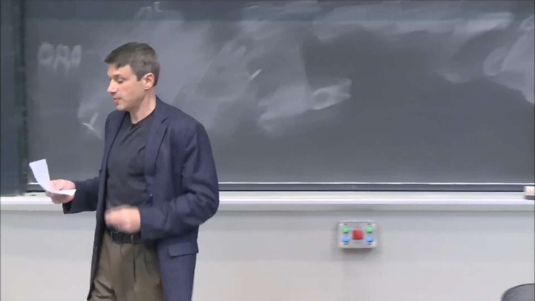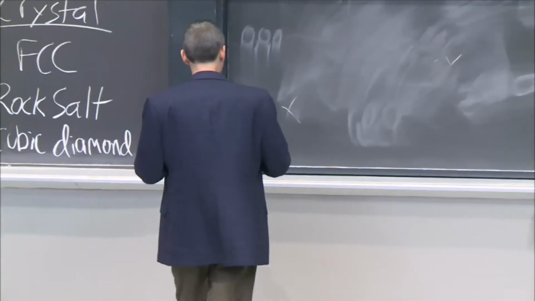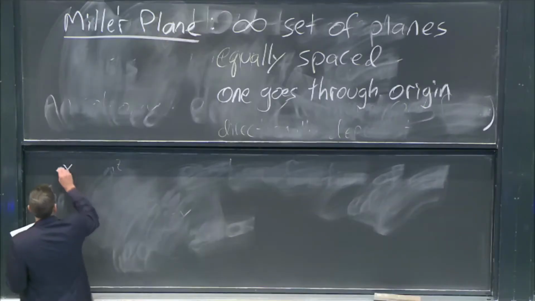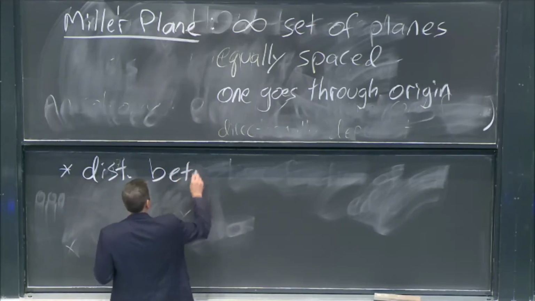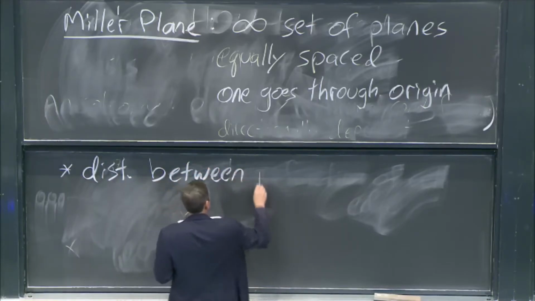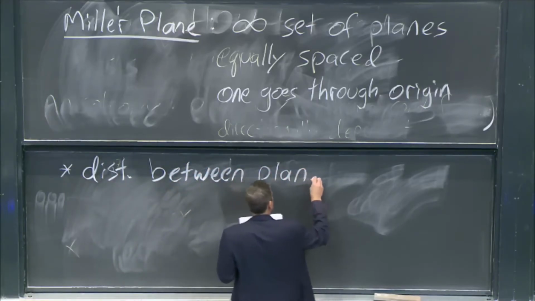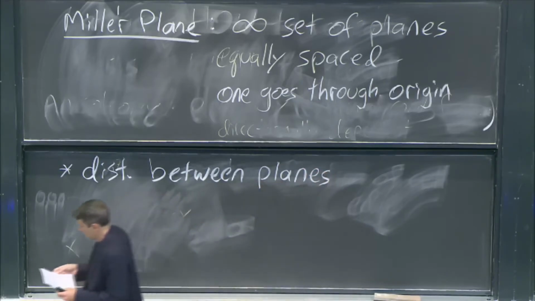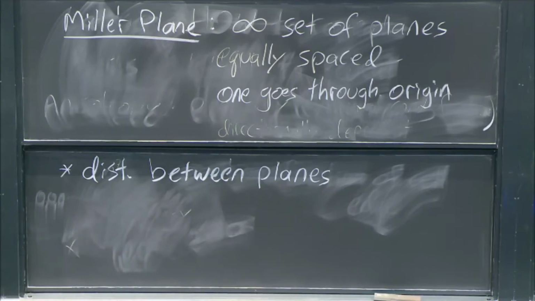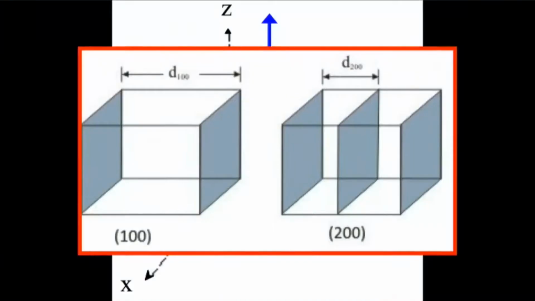That is enough information, because the distance between planes is, actually here it's very easy to see. The distance between these planes is A. But the distance between the 200 planes is A over 2.